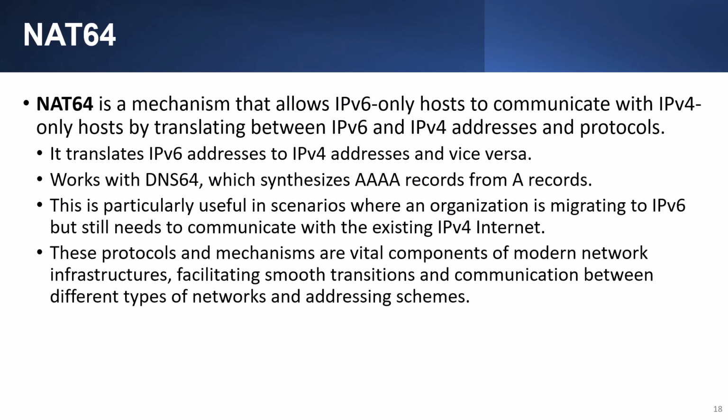This is particularly useful in scenarios where an organization is migrating to IPv6 but still needs to communicate with the existing IPv4 internet. These protocols and mechanisms are vital components of modern network infrastructures, facilitating smooth transitions and communication between different types of networks and addressing schemes.